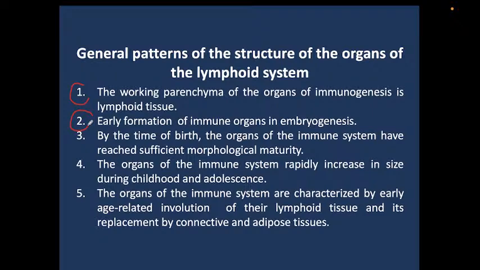Mostly it starts from the third or fourth week when our body is very small. Then by the time of birth, all organs of the immune system have reached sufficient morphological maturity. It means that before birth the organs of the immune system are organized, and they are ready to start work immediately after birth.